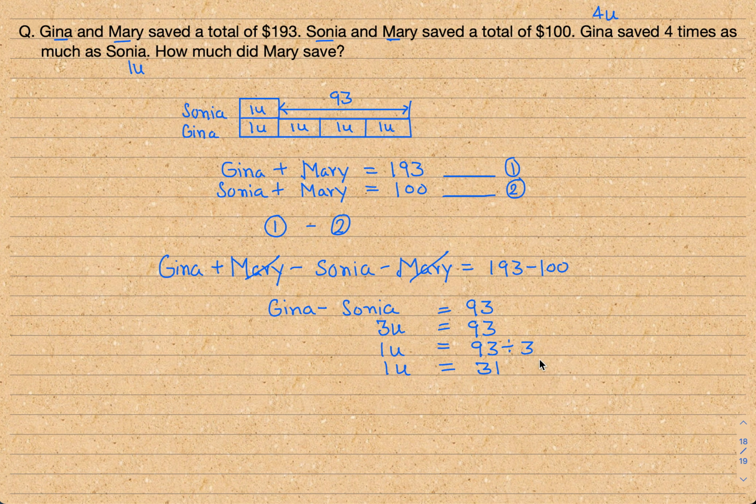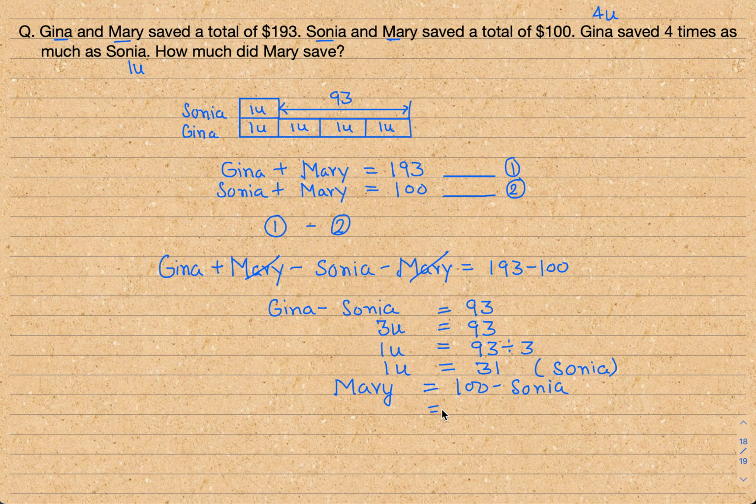Since we already know how much money Sonia is having, which is 1 unit, from this we can calculate how much Mary is having. Basically we can get it by subtracting from 100 whatever amount Sonia is having.